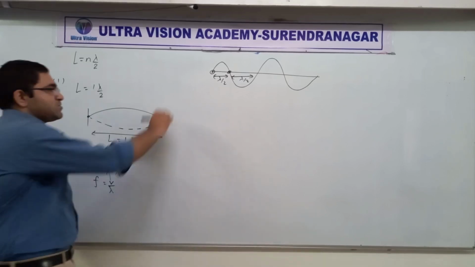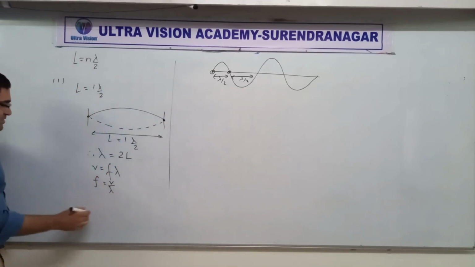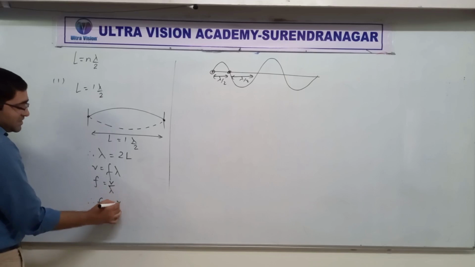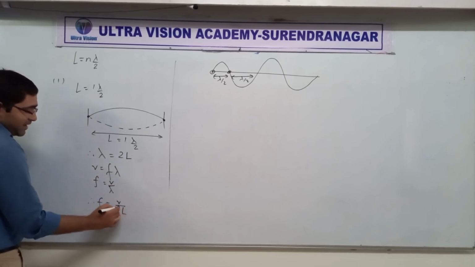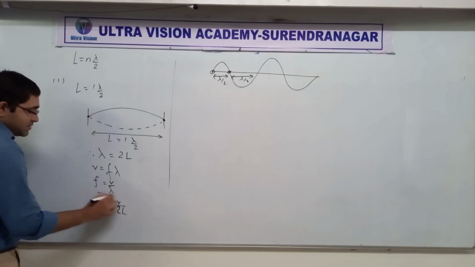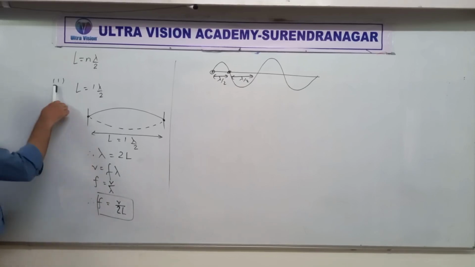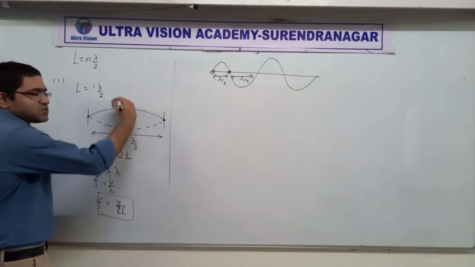Now if we put in the value of lambda that we have just obtained, instead of lambda we can write 2L, so F is equal to V by 2L.